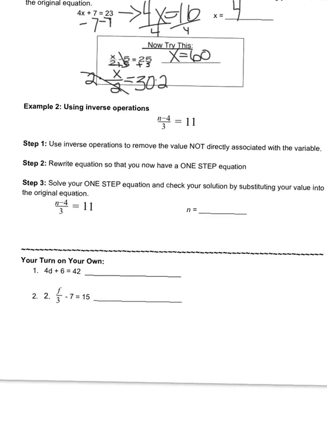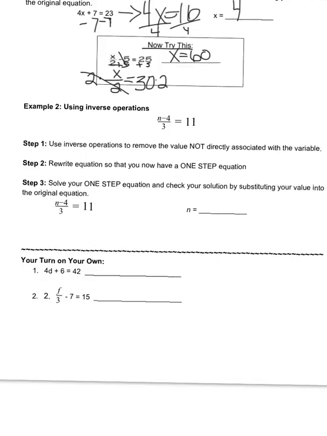All right, here we have n minus 4 divided by 3 equals 11. This one is a little bit different than the problem where it says now try this, because we still want to take a look at what number is not directly associated with the variable.